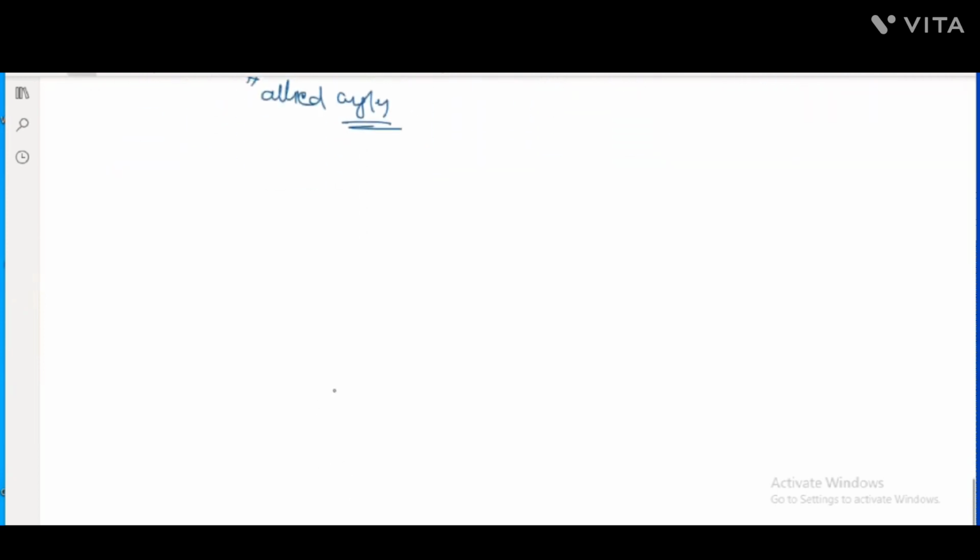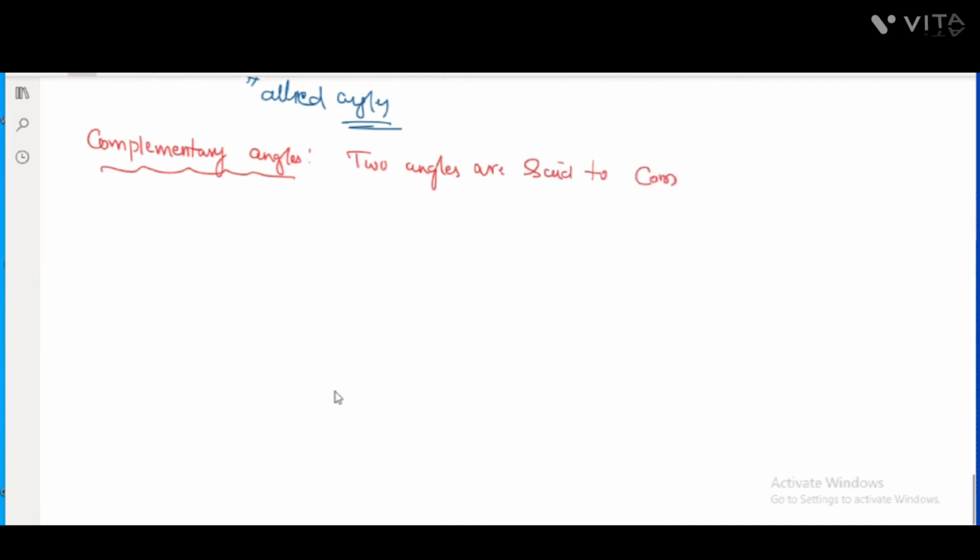Next, what is meant by complementary angles? Two angles are said to be complementary angles if their sum is 90 degrees.